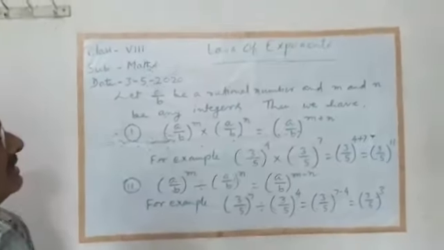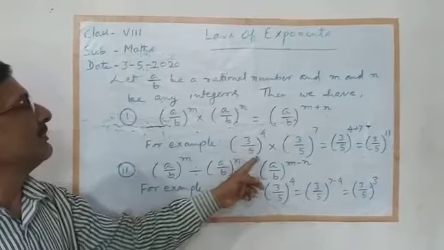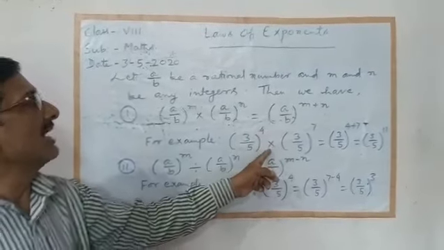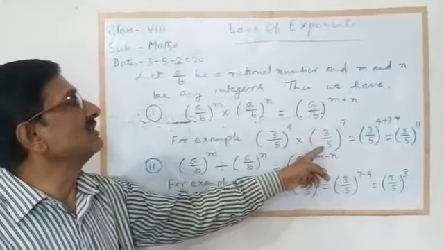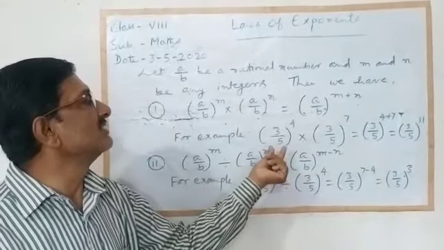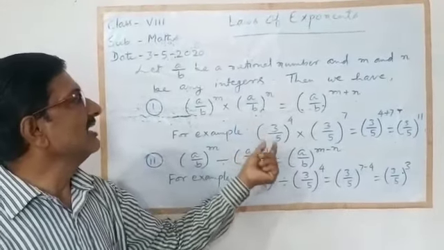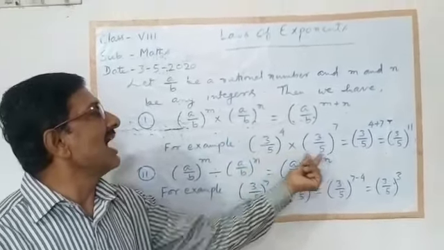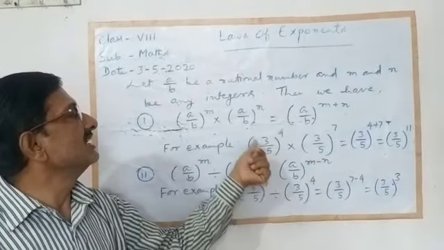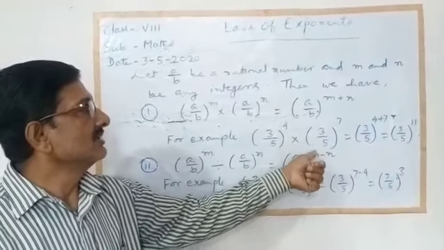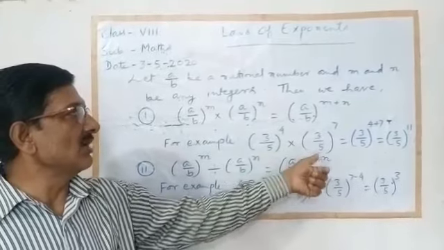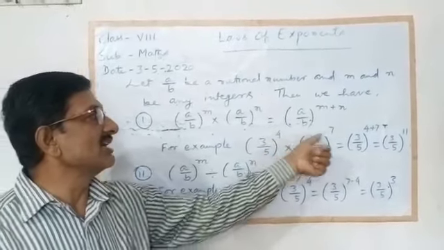For example, (3/5)^4 multiplied by (3/5)^7. Here we are observing similarly that both the bases are equal, 3 by 5 and 3 by 5, and their exponents are different.